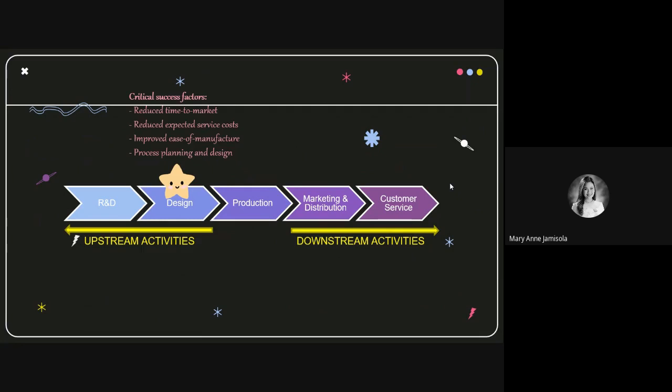The design must be easy to manufacture in order to reduce production costs and speed up our production. And lastly, process planning and design. The plan for the manufacturing process should be flexible, allowing for fast setups and product changeovers using computer integrated manufacturing, computer aided design and concurrent engineering.